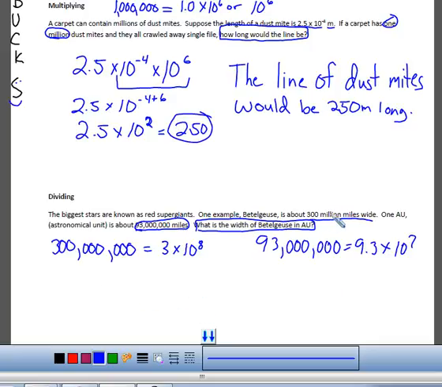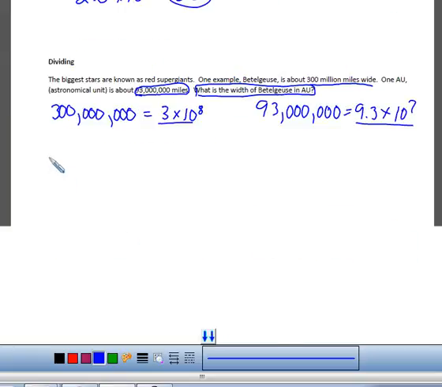I'm going to divide the actual 300 million miles by 93 million to find out how many astronomical units it is. So that looks like this divided by this. I'm dividing the miles by the AUs, and I get 3 times 10 to the 8th power over 9.3 times 10 to the 7th power.